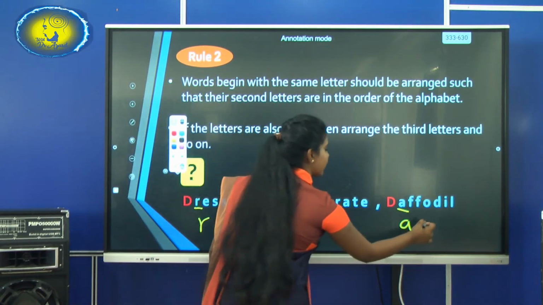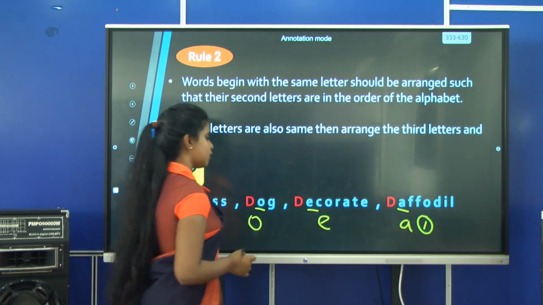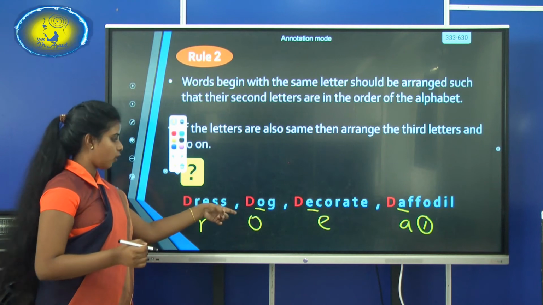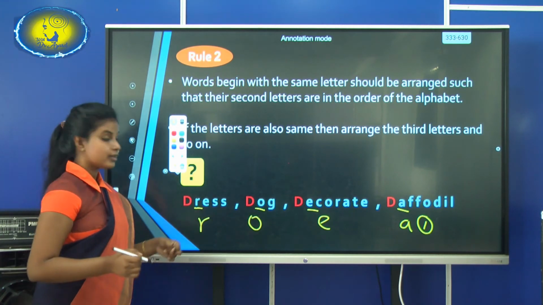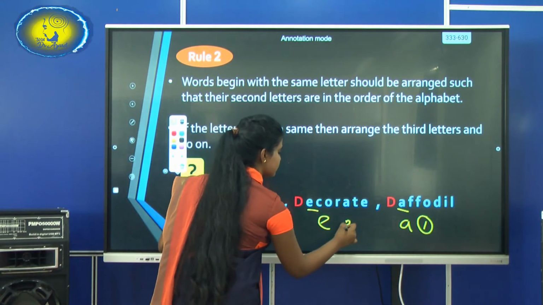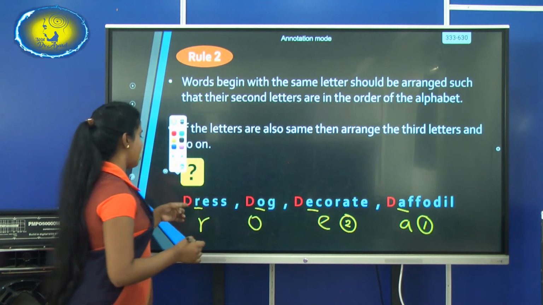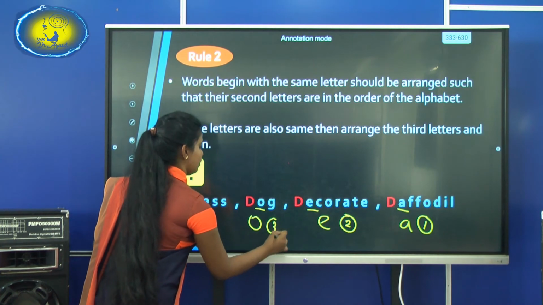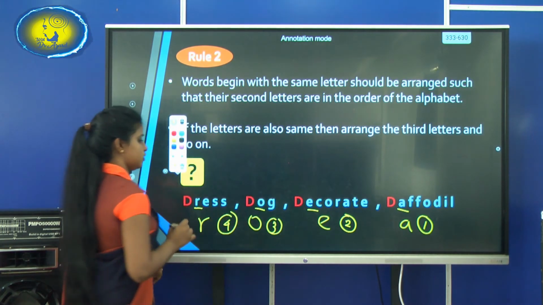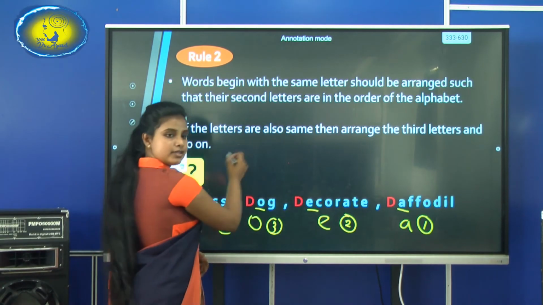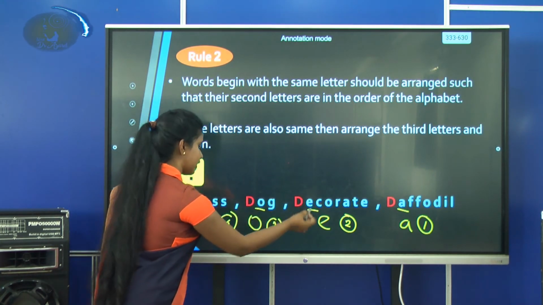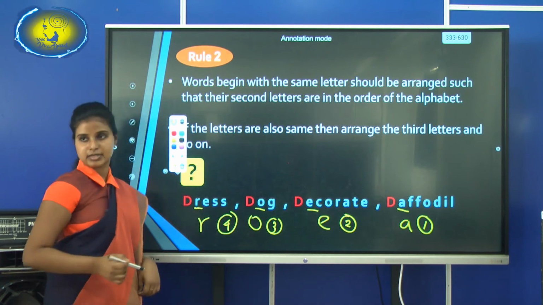Yes, this A comes first. So, which letter comes second? Yes, E. Next, O. Next, R. So, which word comes first, children? Daffodil comes first. Next, decorate, dog and dress.